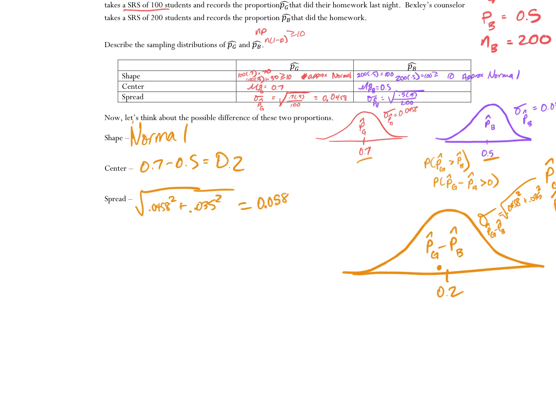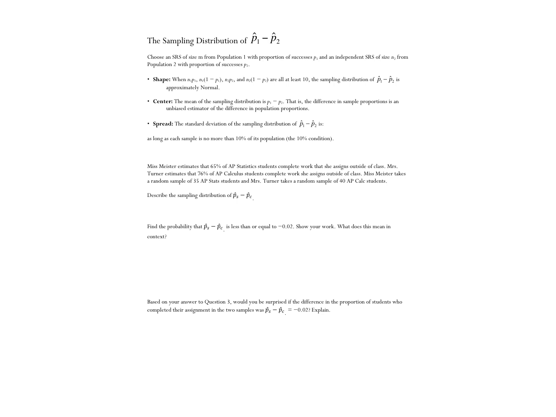So this one was normal because of this entire row. The normal condition worked for Bexley and Grandview, so it's good. First of all, when we're comparing two populations, we never add them. We always subtract them, because to compare two things is looking for the difference.